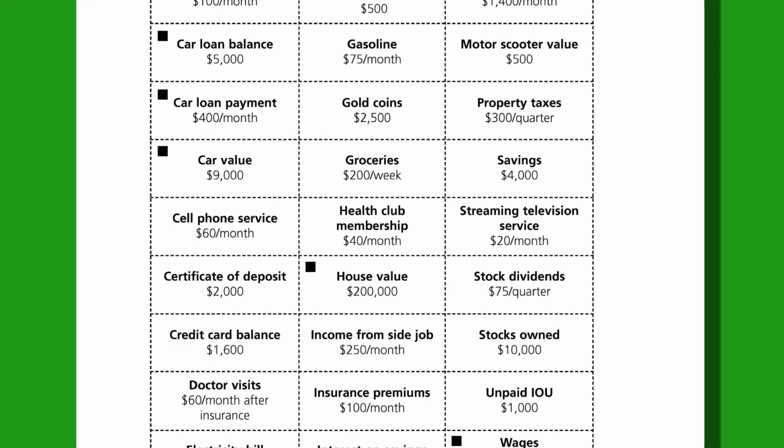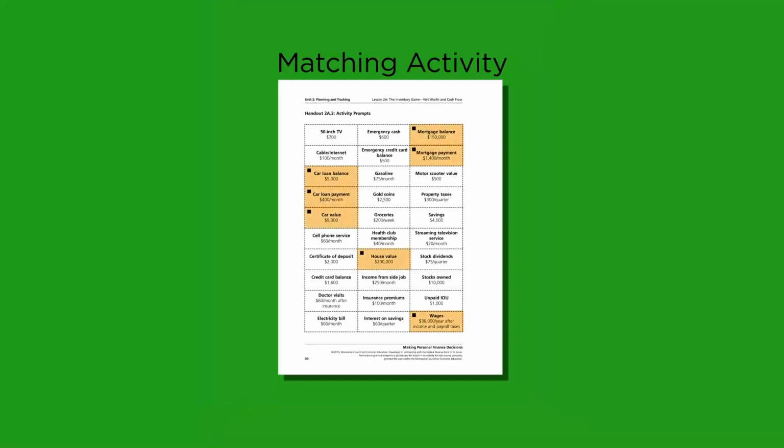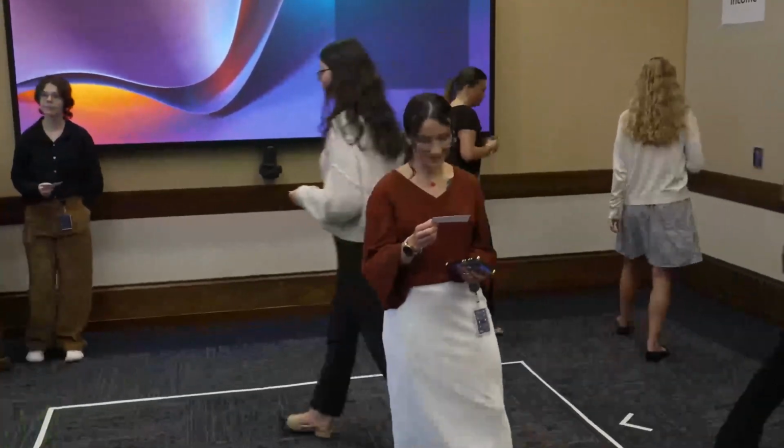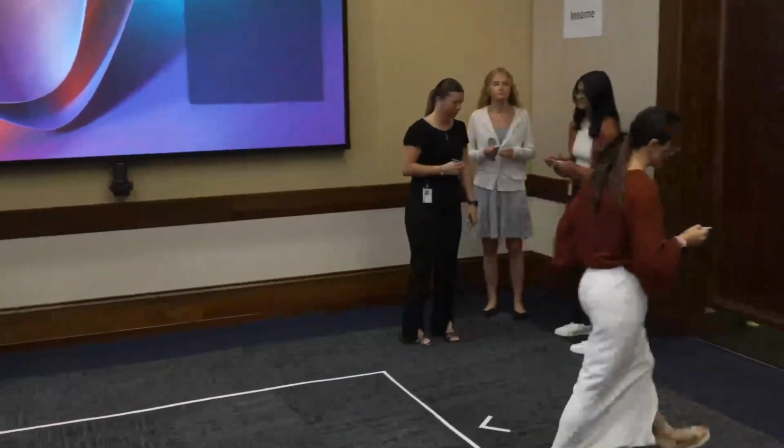Note, all prompts do not need to be used, but be sure to use all the prompts with a black square. Instruct the students to read the prompt received, then think about whether the text describes an expense, income, asset, or liability. After they decide, they should stand by the sign that best describes what is printed on their prompt.